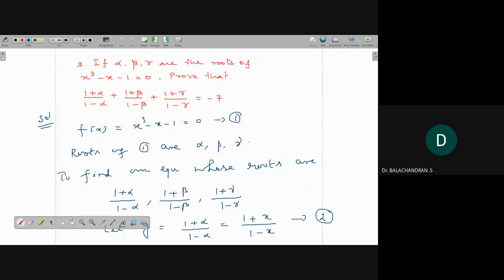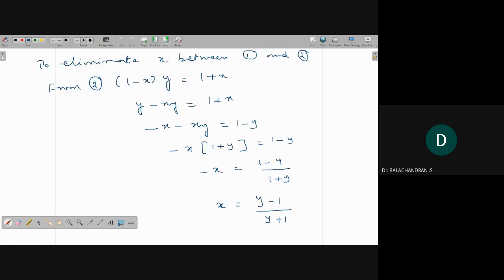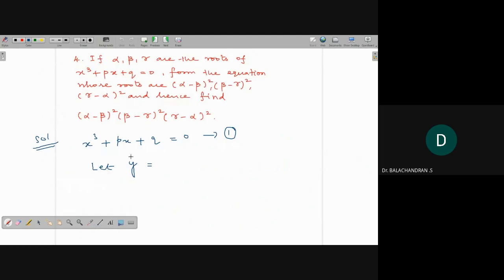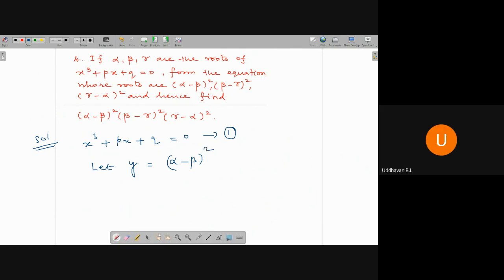That's why I told that he said 1 plus x by 1 minus x directly, but I wrote 1 plus alpha by 1 minus alpha and then replaced alpha by x. Similarly, think about here: y should be alpha minus beta whole square. Sir, then 0 will come, because alpha is also a root of the equation x cube plus px plus q, and beta is also a root of the equation.